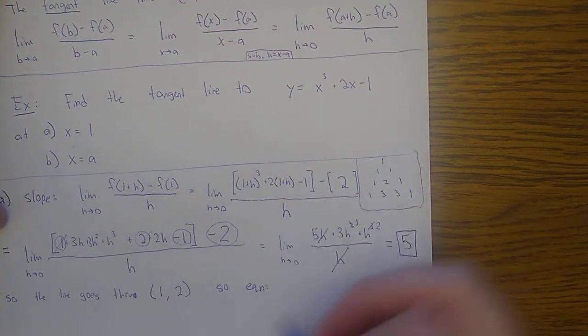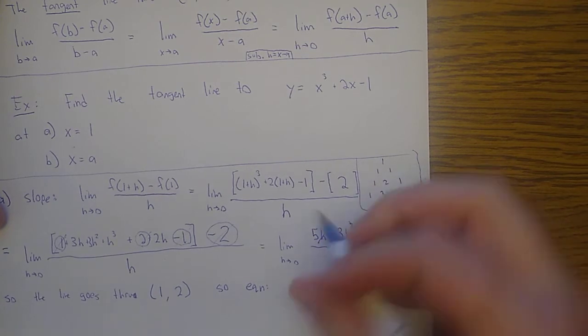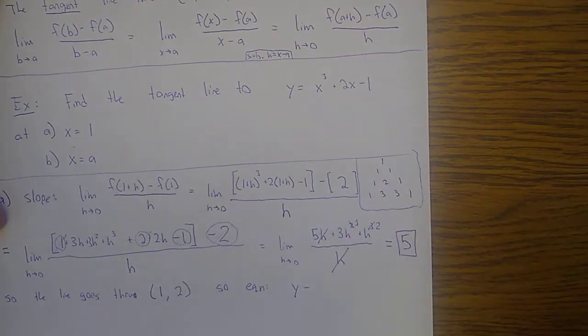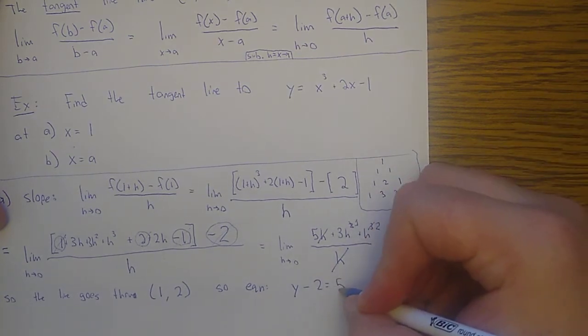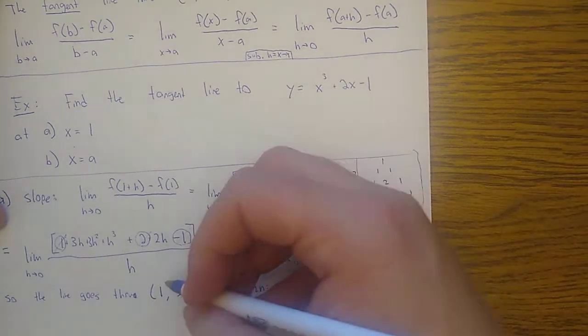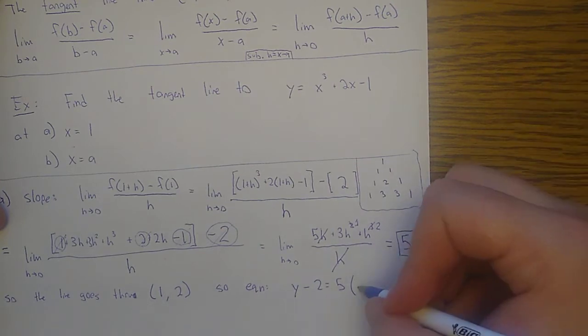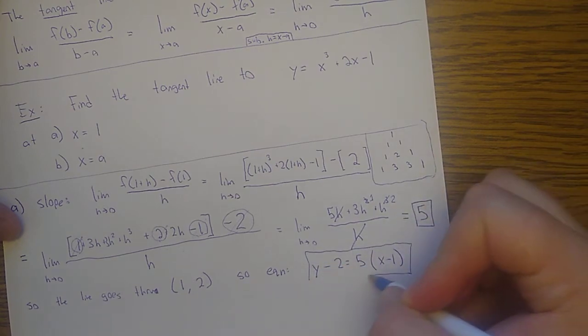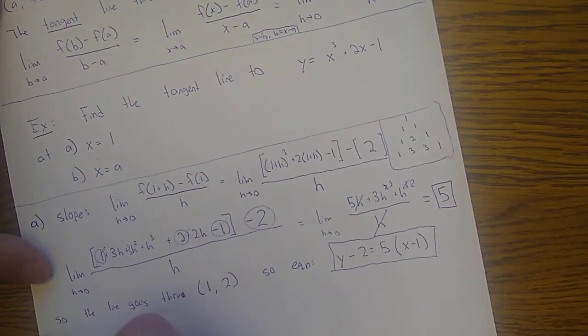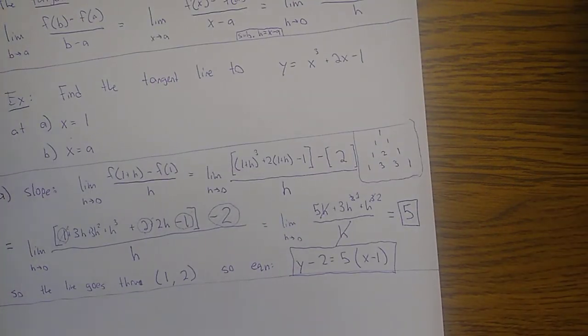So the equation of the line I can do, this is point slope form. So y minus 2 equals 5 times x minus 1. Right? Okay.